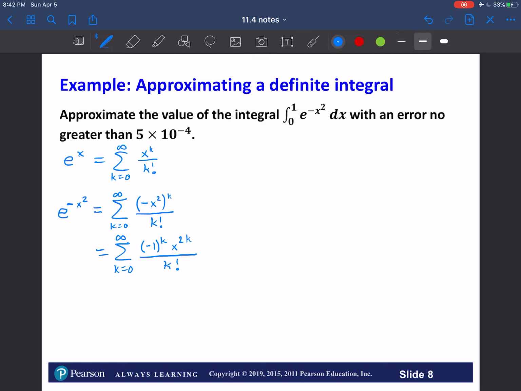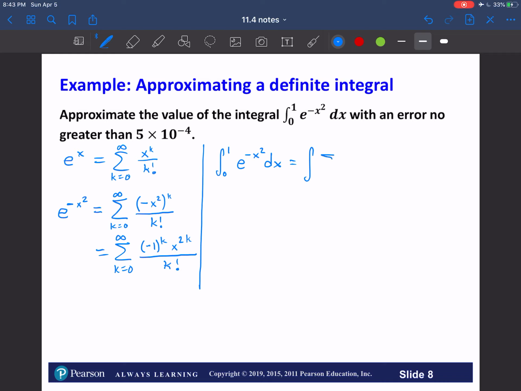All right, so let's use this information. We then can write that the integral from 0 to 1 of e to the negative x squared dx is equal to the integral. We're going to replace e to the negative x squared with its Maclaurin series expansion.